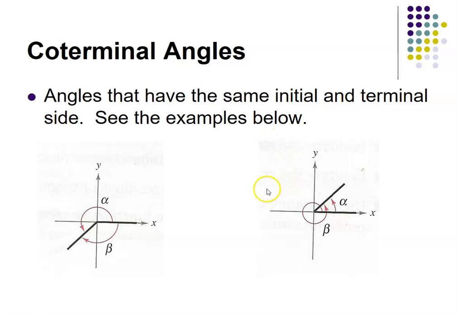For example, alpha goes from the initial side of the angle to the terminal side, and the second one, beta, rotates a full 360 degrees from here. Therefore, they are still equal.